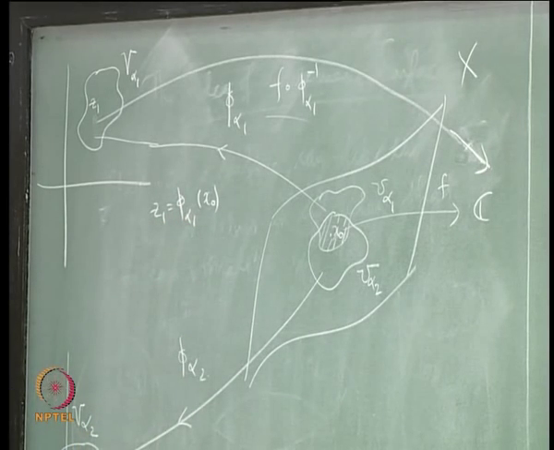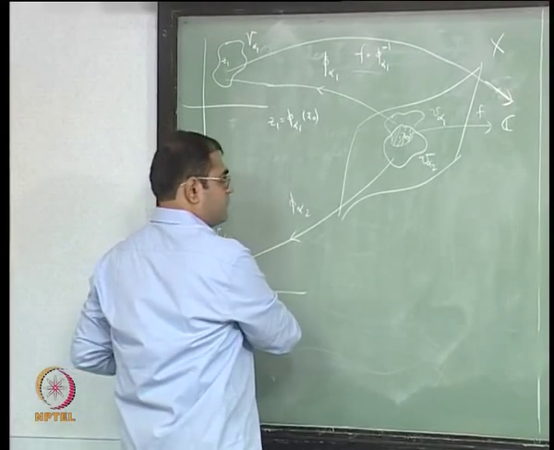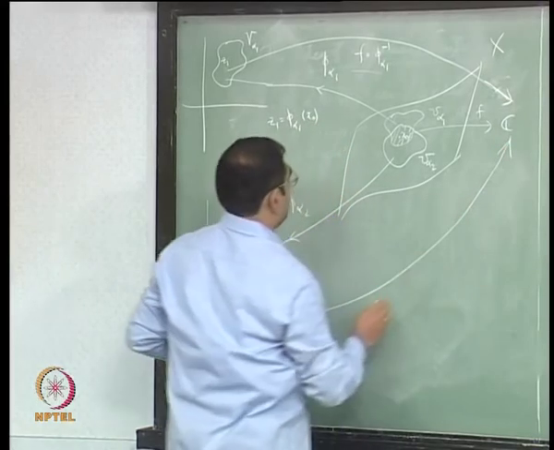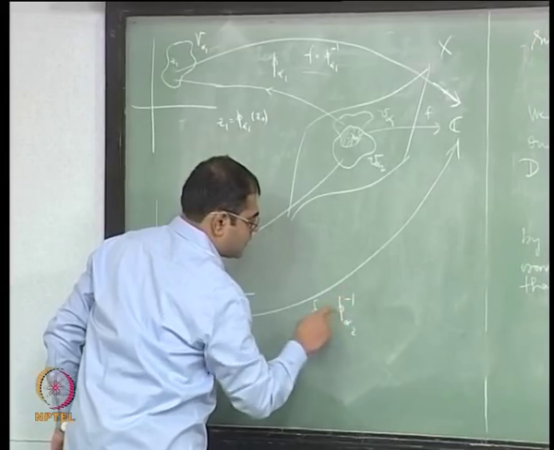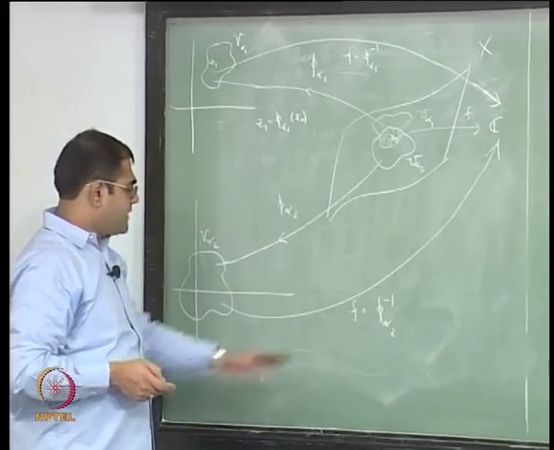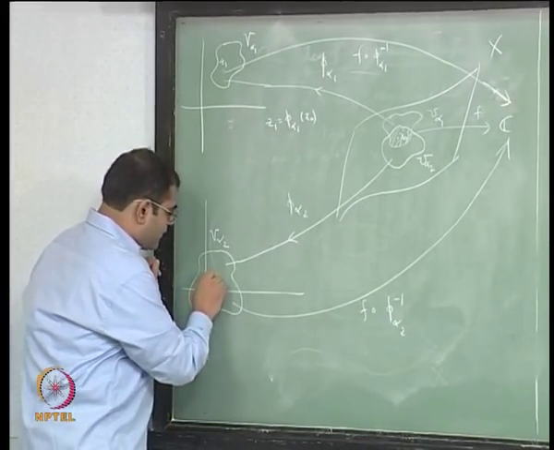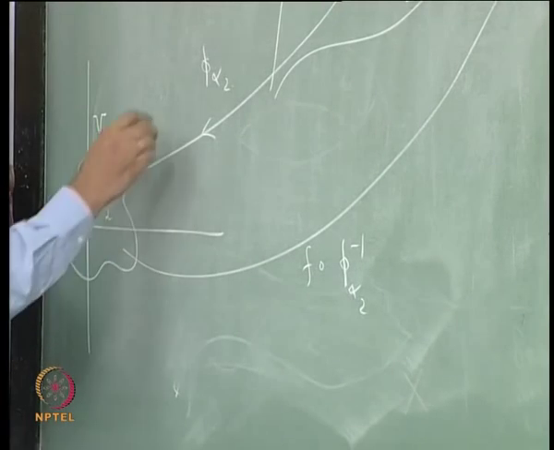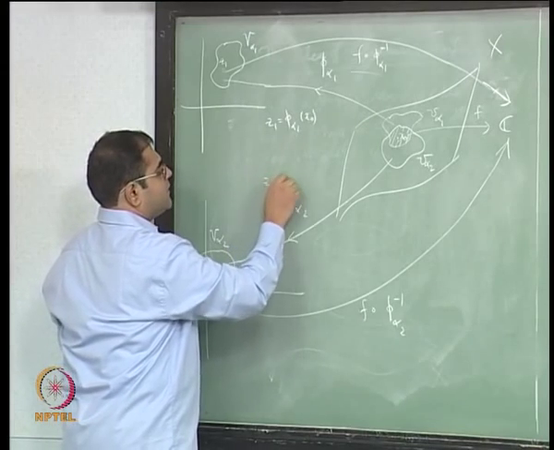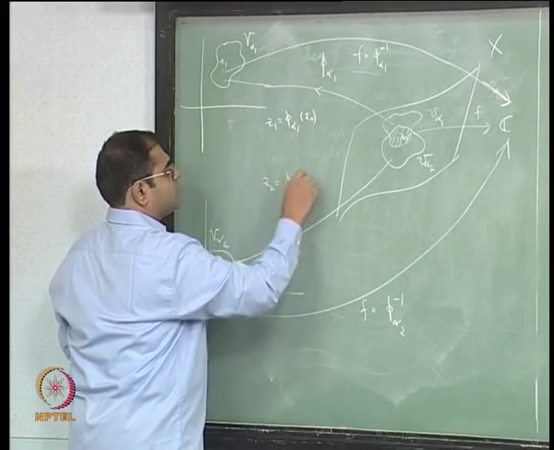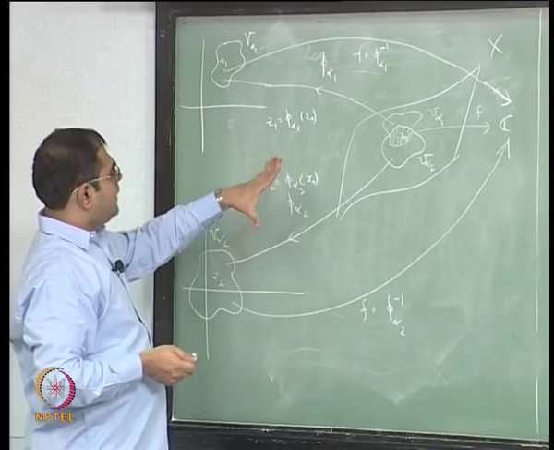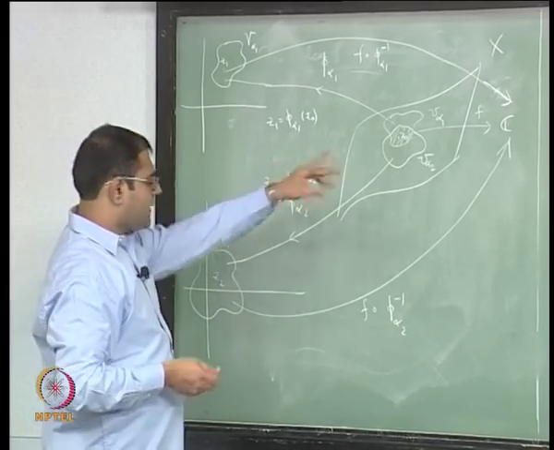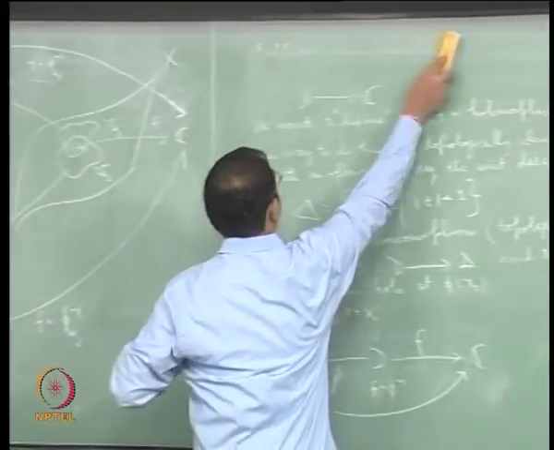The other way of deciding that f is holomorphic at x naught is to require that this composition, which is phi alpha 2 inverse followed by f, is holomorphic at the point z2, where z2 is the image of x0 under phi alpha 2. Okay, so let me write that down clearly.